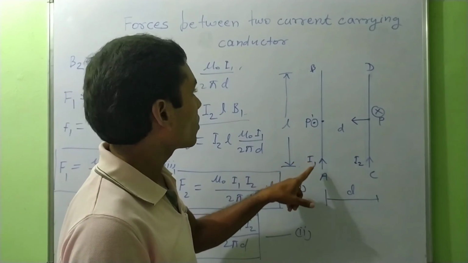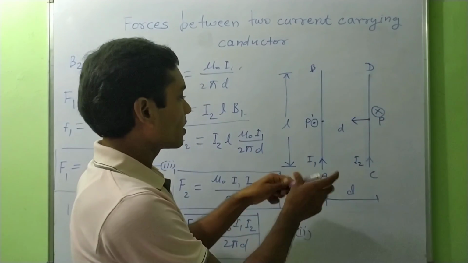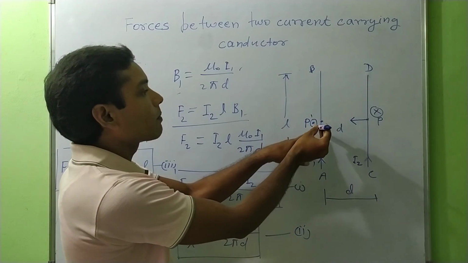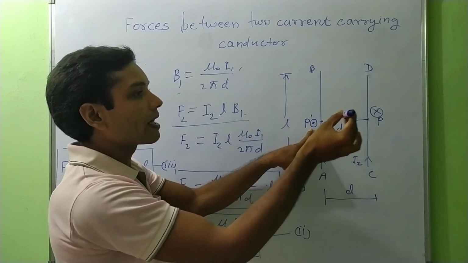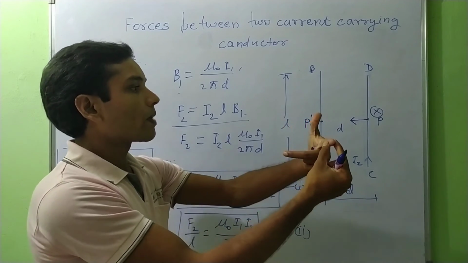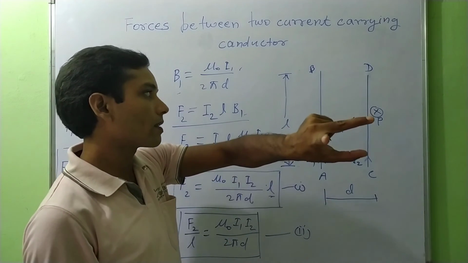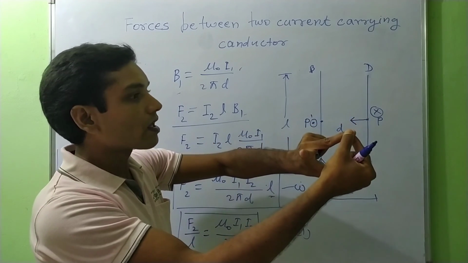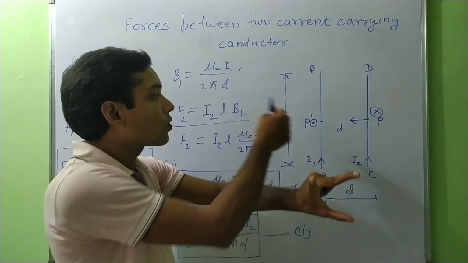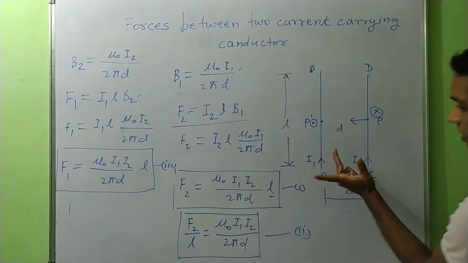What will be the direction of force on AB due to CD? The direction of magnetic field at point P dash is upward. So the forefinger will show the direction of magnetic field, upward, and the middle finger will show the direction of current flowing through the conductor. Look at this.